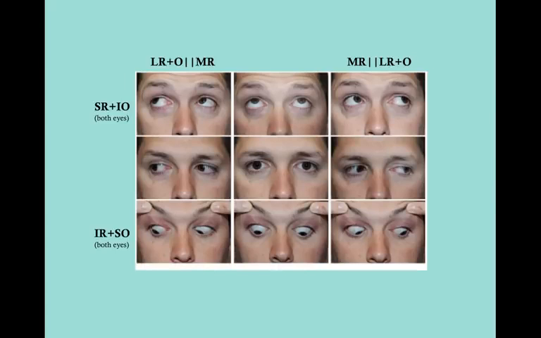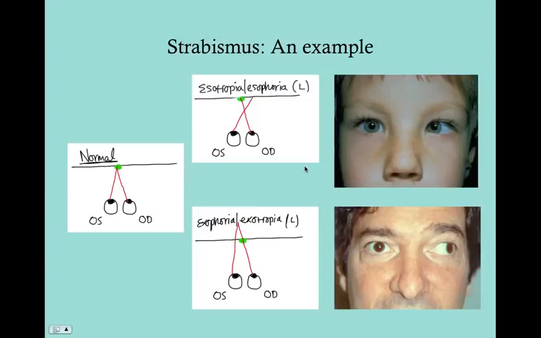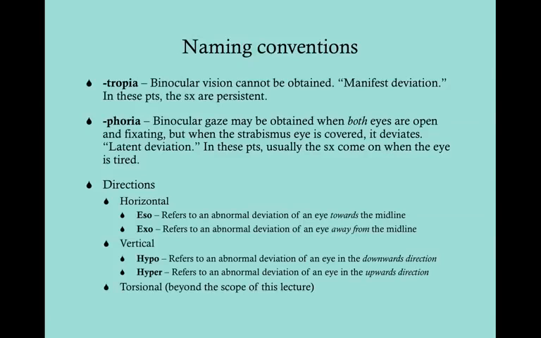Once you uncover the eye, you're going to see that eye moving back into the fixed position. So with phorias, when you cover the eye, it moves into the strabismic, deviated position. And this is called a latent deviation.